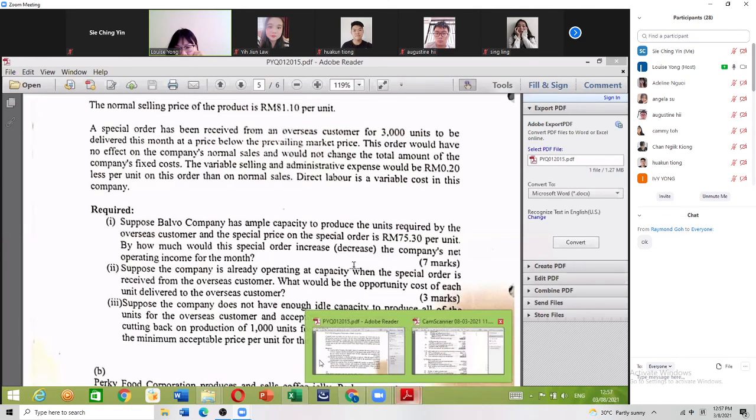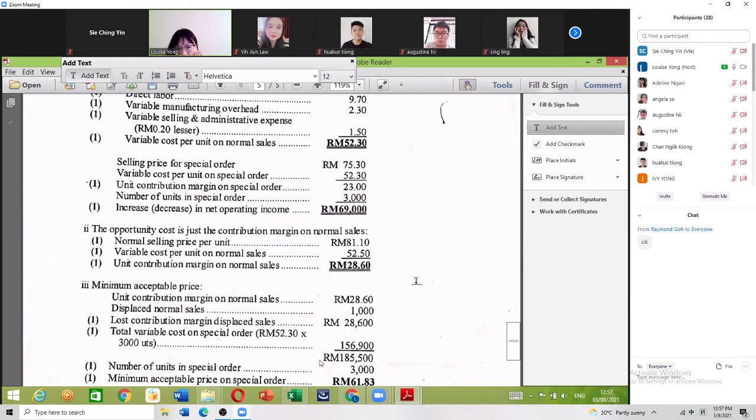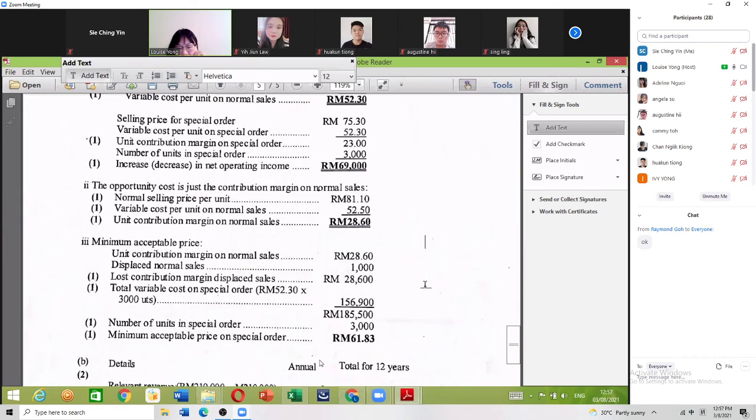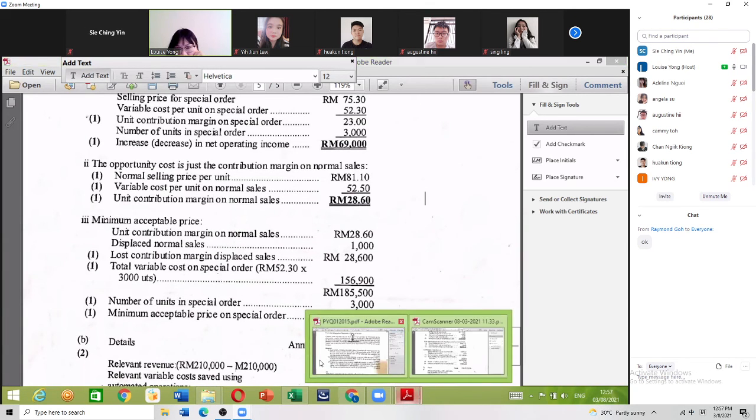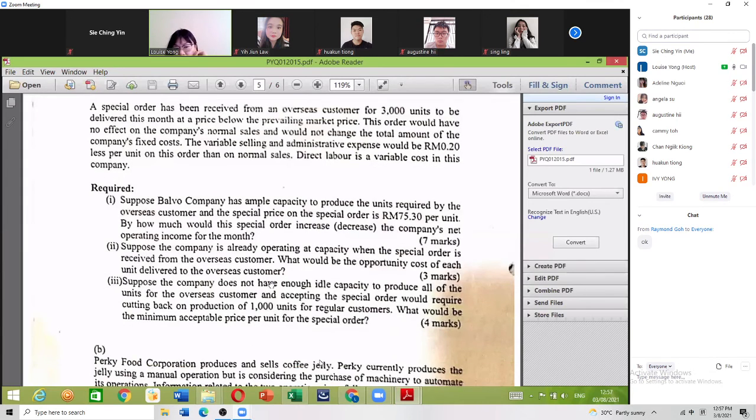So that is the answer, $28.60. Next, the third question. Suppose that the company does not have enough idle capacity to accept this special order from the overseas customer. To accept the special order would require cutting back production for your normal customers by 1,000 units.